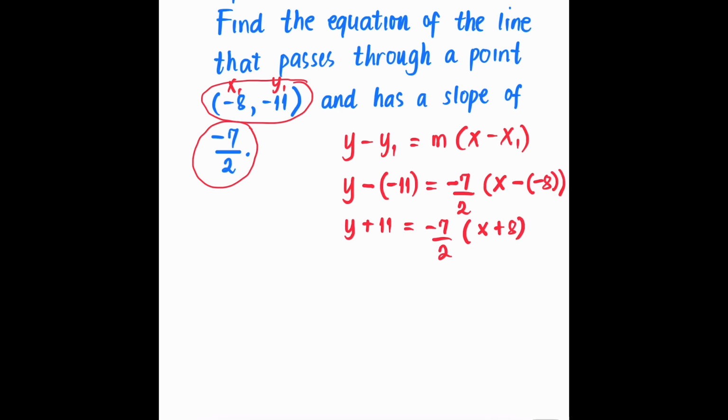Now, we notice that there's a fraction right here which actually came from the slope. The given slope is -7/2. So don't feel scared if you see a fraction. There's going to be an easy way on how to simplify this equation.